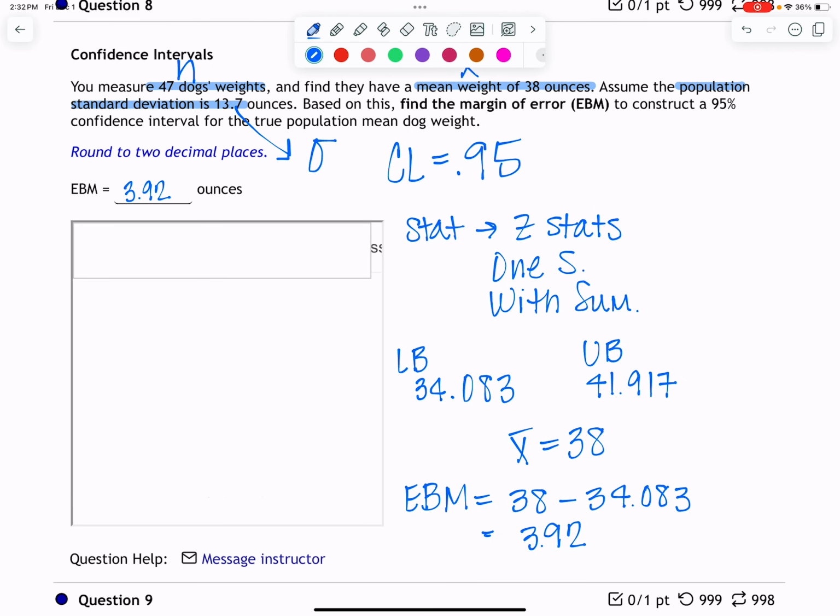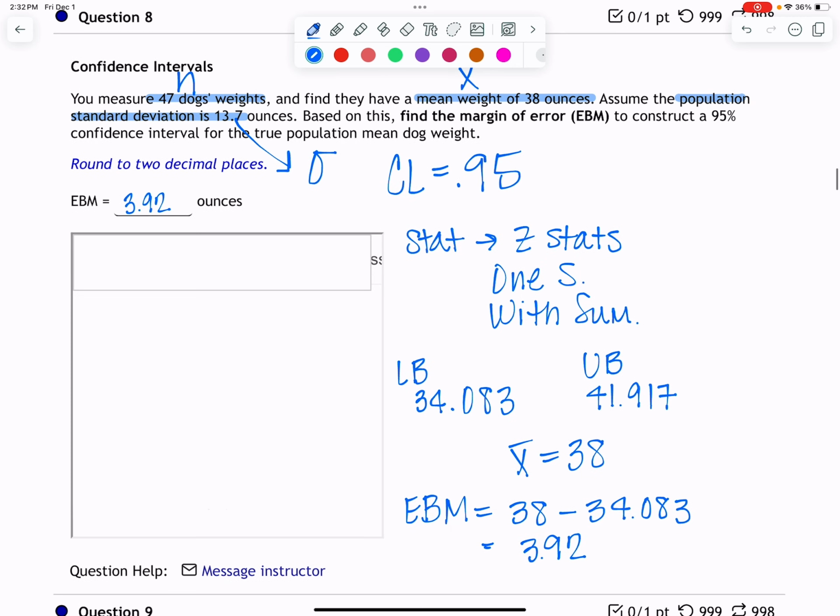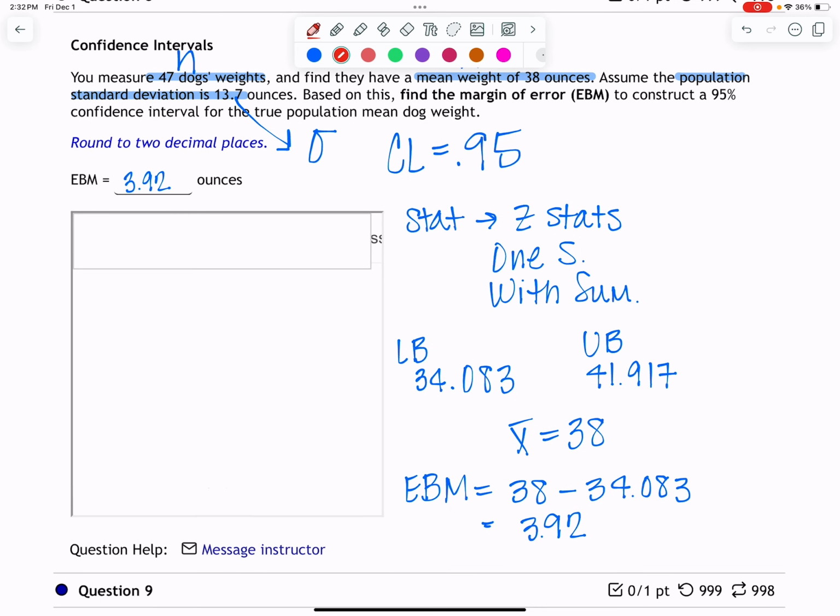Now, I jumped into that very quickly as far as the method. I went straight to StatCrunch. It might have been easier, it would have been shorter, that's for sure, if I had pulled off the EBM formula. Whoops.